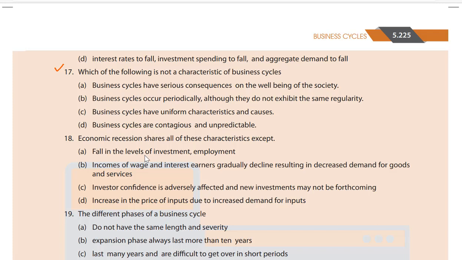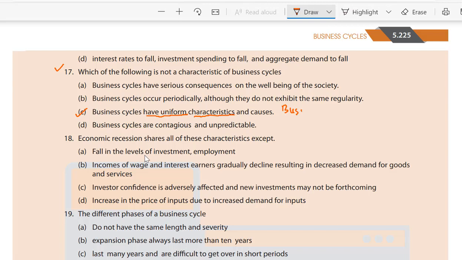C. Business cycles have uniform characteristics and causes. Or D. Business cycles are contagious and unpredictable. The answer is C. Ideally, business cycles do not have uniform characteristics.